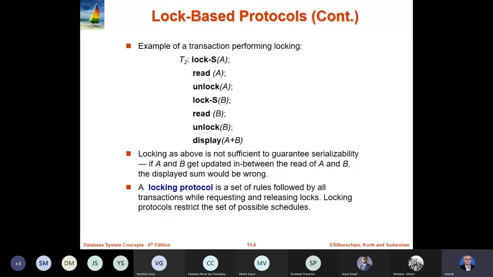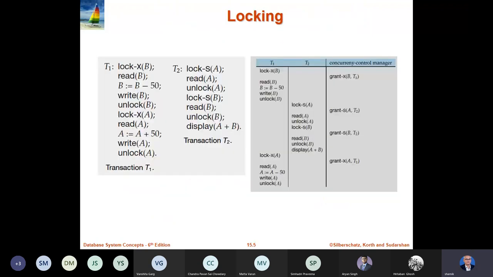Locking protocols restrict the set of possible schedules. If we did not have a locking protocol, then transactions could lock and unlock in any order, and we would have all possible combinations. But if you only allow locking and unlocking to happen following a protocol, then only a subset of those possible schedules will be generated by the database management system. So let us take this example.